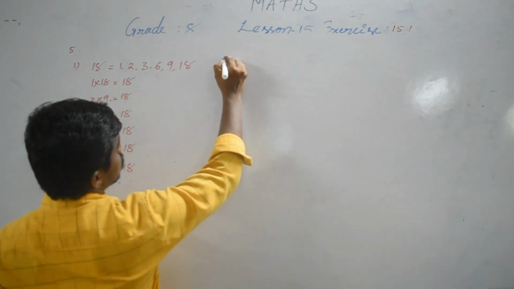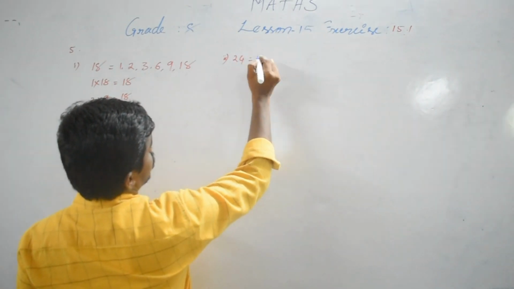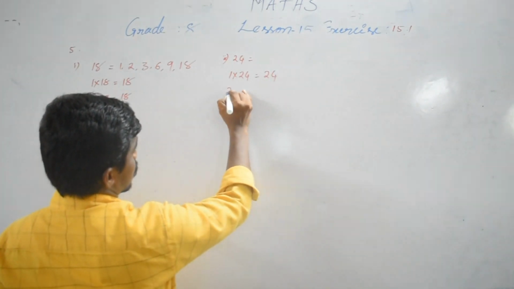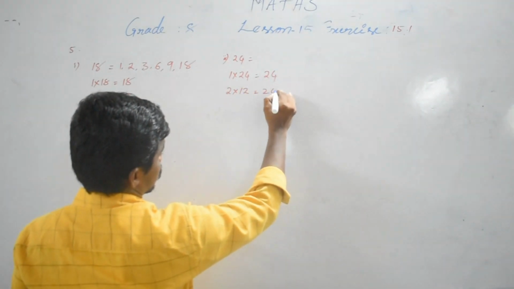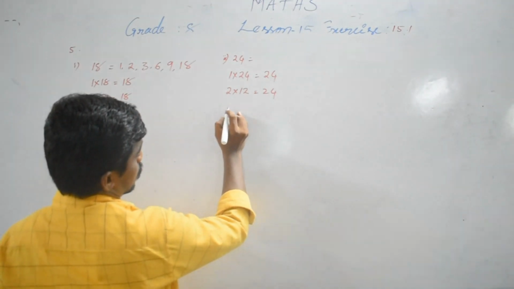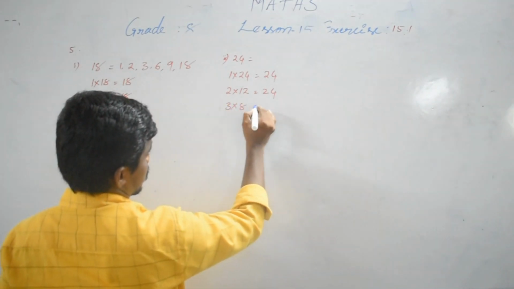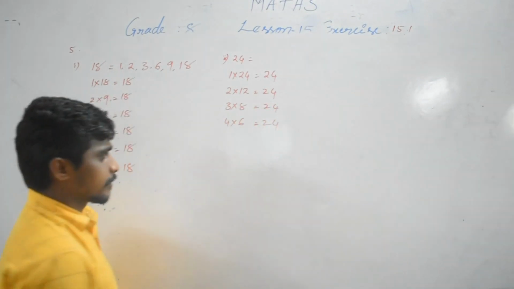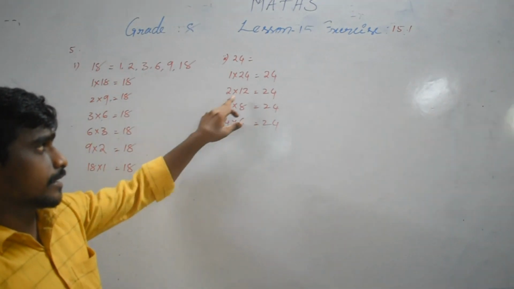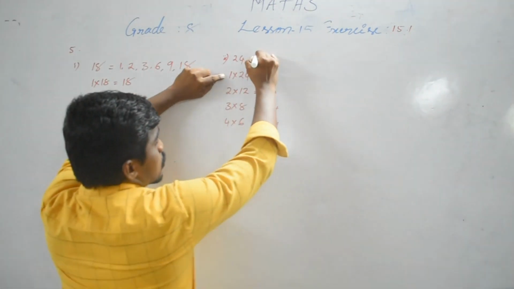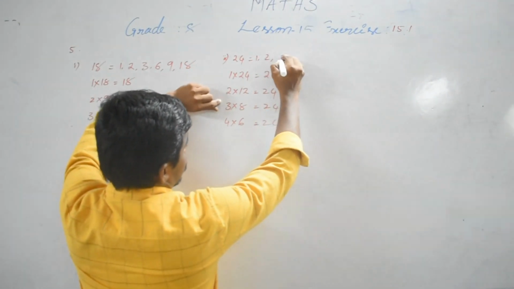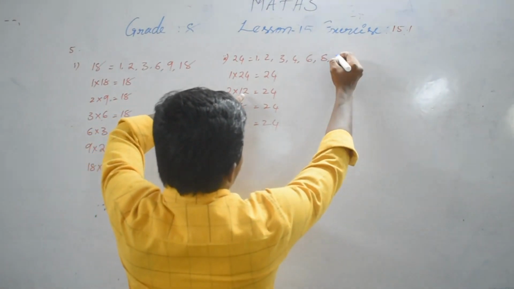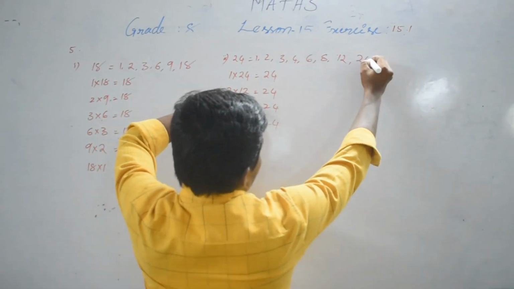Next, 24. 1 24 is 24. 2 12s are 24. 3 8s are 24. 4 6s are 24. So the factors are 1, 2, 3, 4, 6, 8, 12, 24.